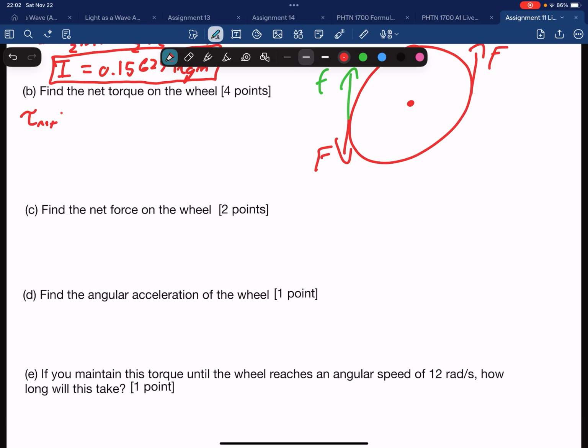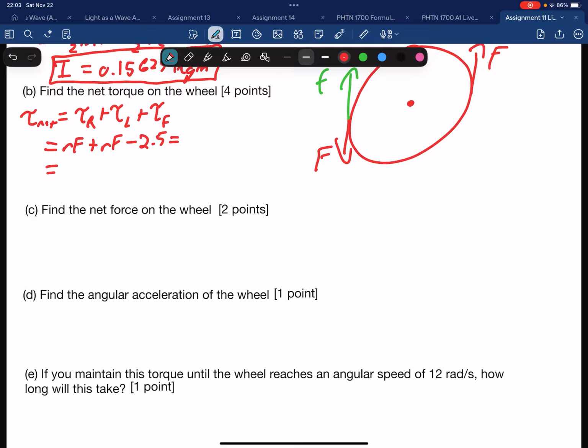So net torque is going to be equal to the torque of the right hand plus the torque of the left hand plus the torque due to friction. The torque of the right hand is going to be RF plus the RF from the left hand minus the 2.5 torque that we are told friction generates.